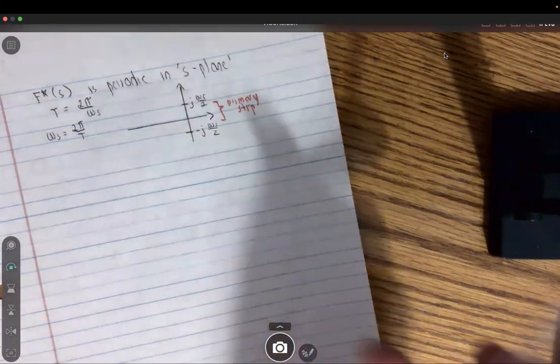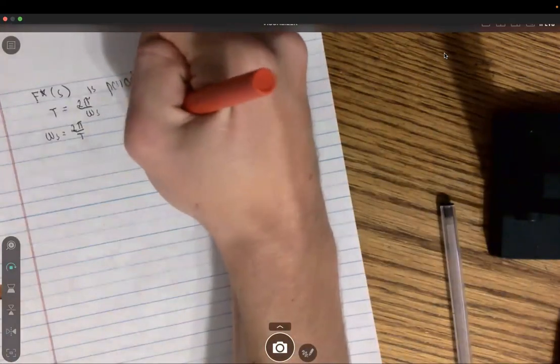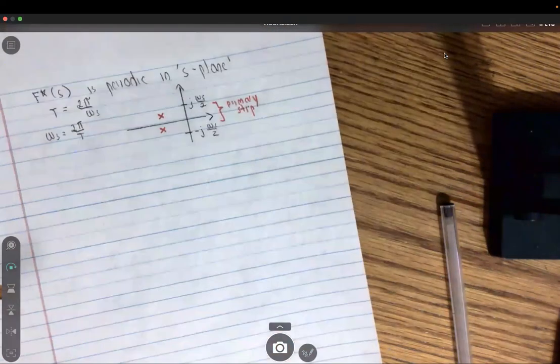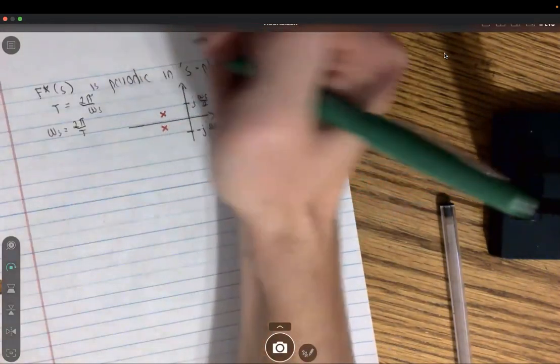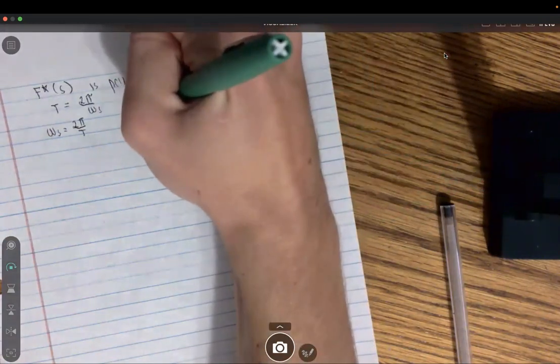And so if you have poles, let's say, for instance, in your primary strip, the poles are right here and right here. Okay, so what's going to happen is basically if you start repeating these poles, because remember, it's periodic in the S-plane, the repeat of these poles would then occur in your next one up here.